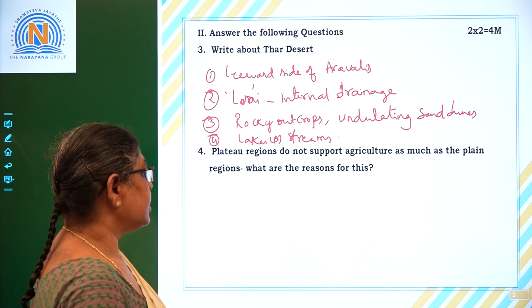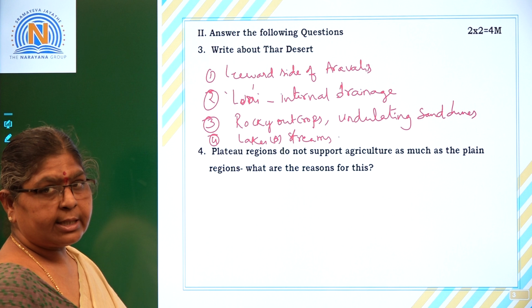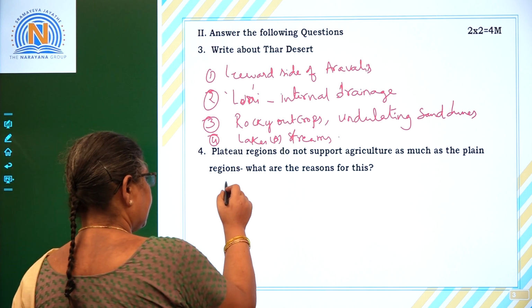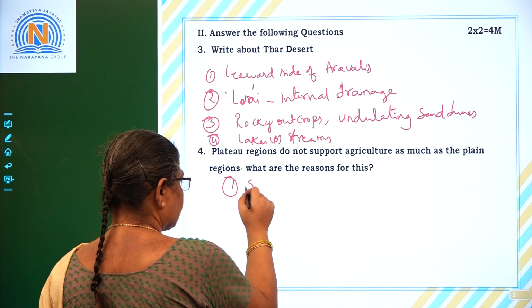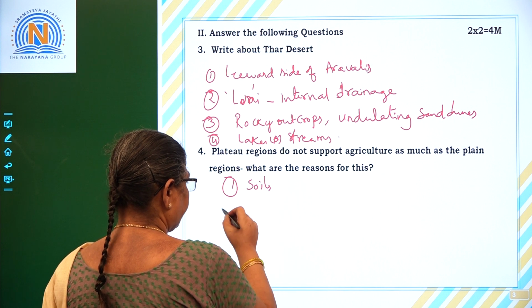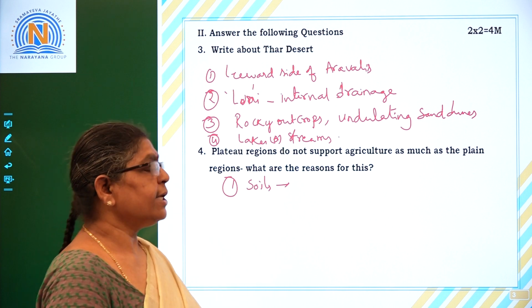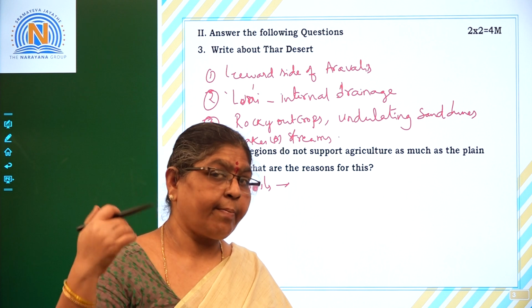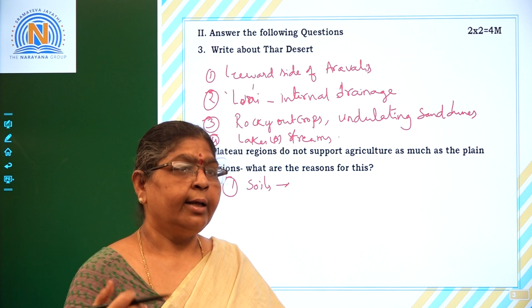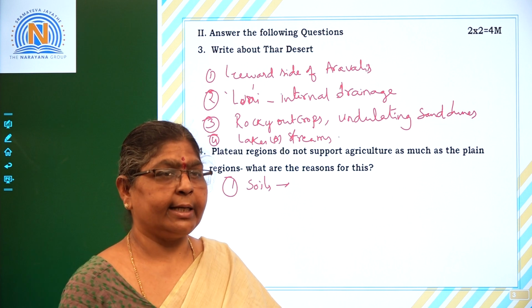Okay. Plateau regions do not support agriculture as much as the plains. What are the reasons? The most important reason is the soils. This plateau region has soils enriched with minerals, and these minerals are useful for industrialization but not for agriculture.